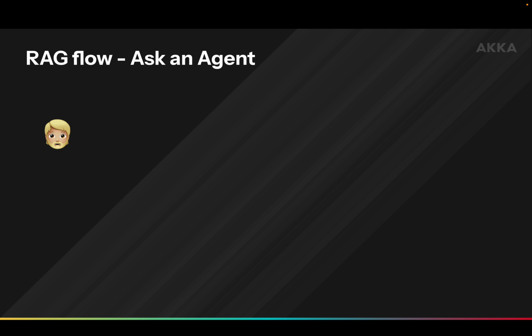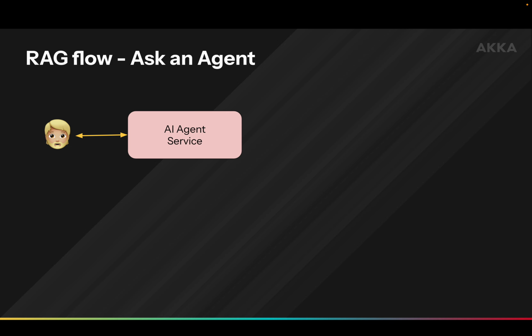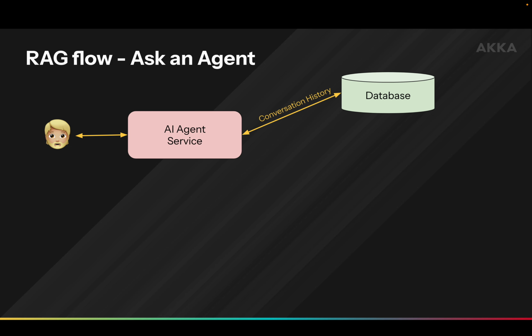So the flow here is a user will talk to an AI agent or an AI agent service, depending on the terms you want to use. And the user will supply a prompt. The agent then does a lookup on conversation history. So, the history of the back and forth that you've had with the agent, so that you can refer to things that the agent replied with before, and because that conversation history will end up as part of the context, the LLM knows how to respond to it.